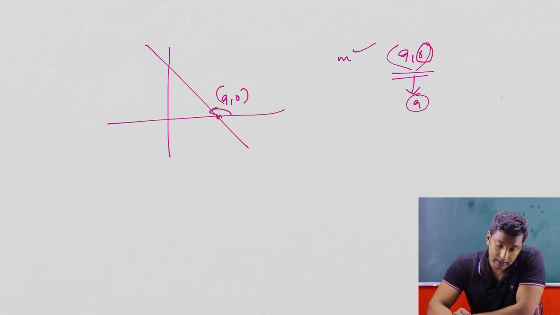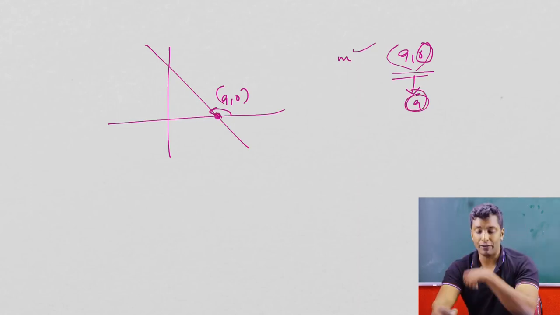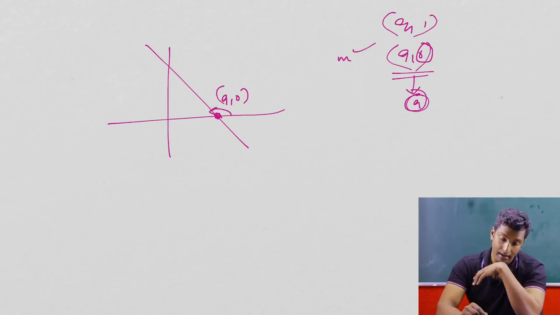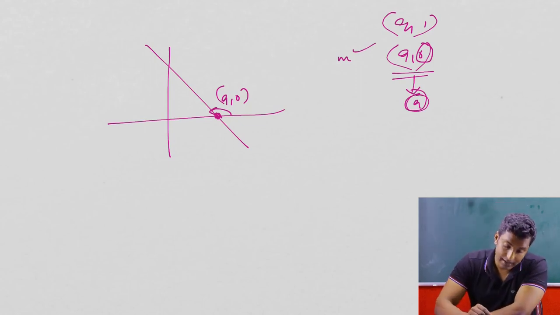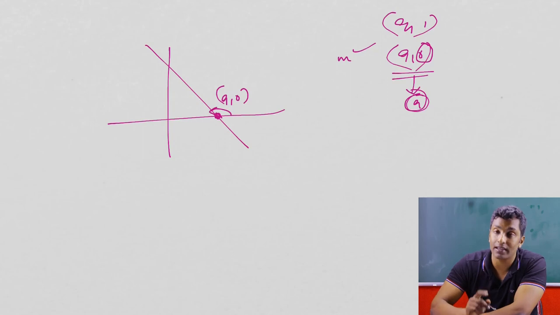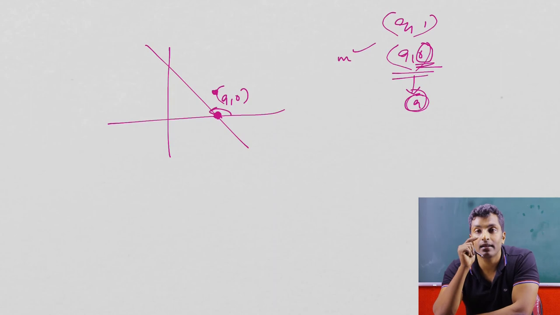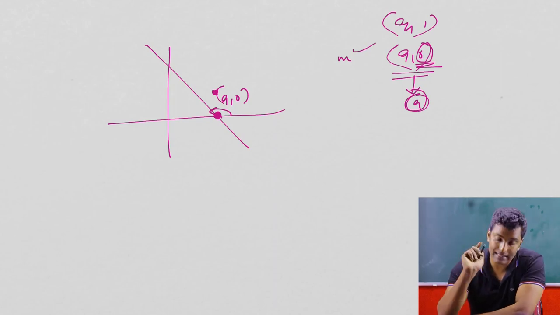Once this is 0, I know this is cutting the x-axis at a. If I simply tell you a comma 1, then I can't do this because then it is at some other point, right? A comma 1 is a different point. Y has to be 1, but here y needs to be 0, then only it will cut the x-axis, right? So a comma 0. So x-intercept is a.